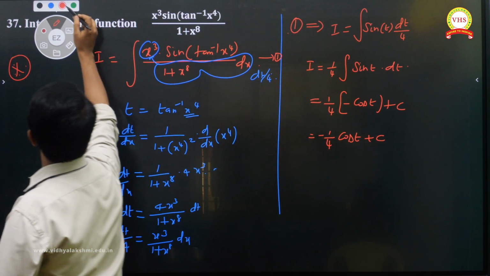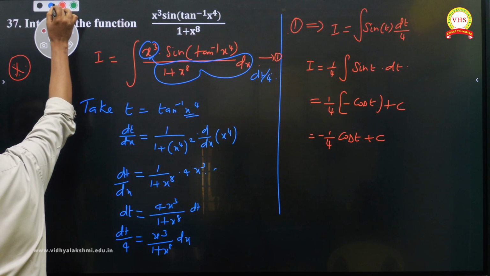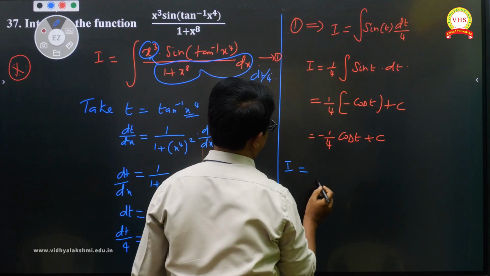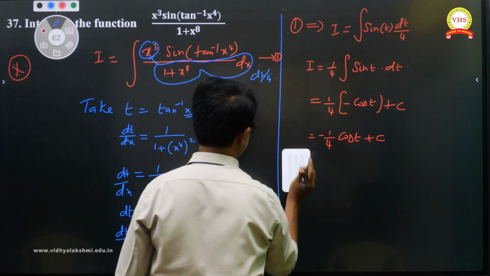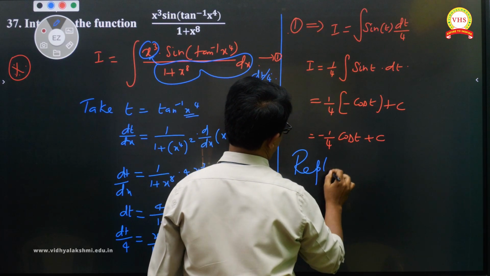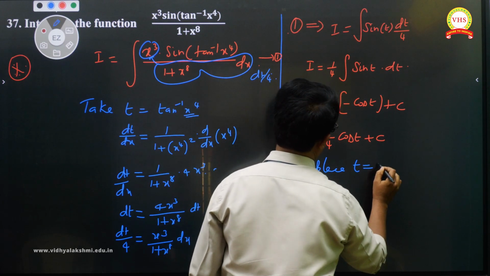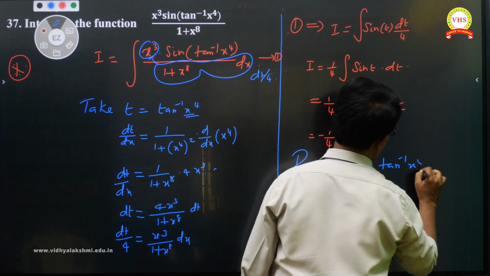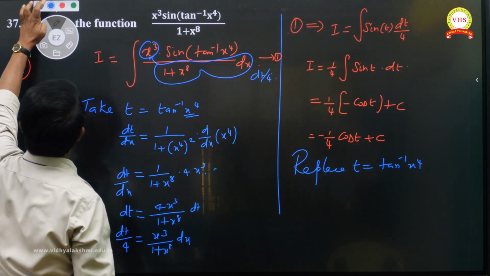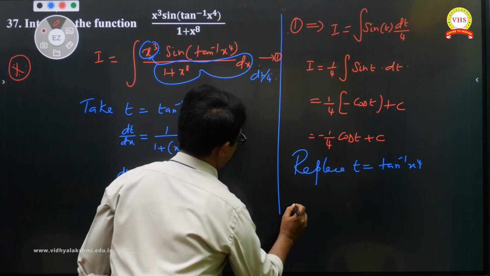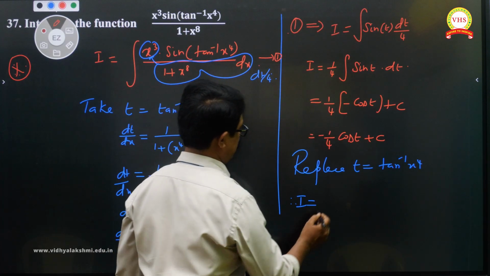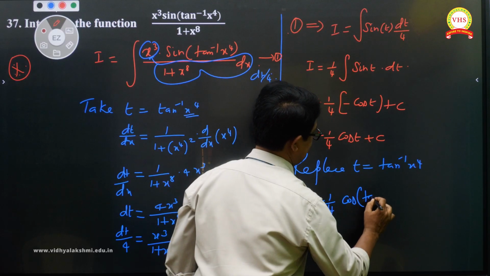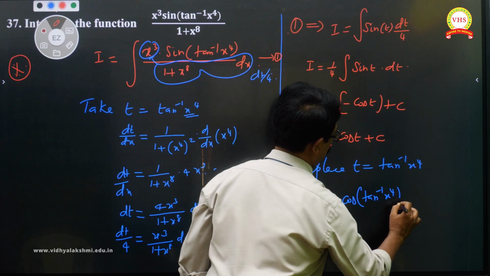Now change it back in terms of x, replacing t with tan inverse x power 4. Therefore, the integral I equals minus 1 by 4 into cos of tan inverse x power 4 plus c.